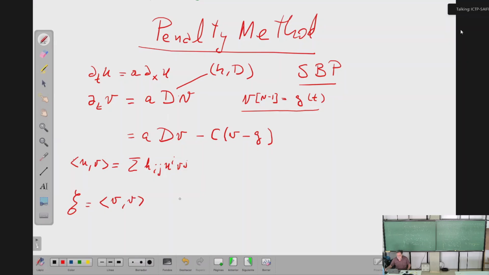I take the time derivative. And when I do that, for this part, I know what I get, right? I get a times v n minus 1 squared minus v 0 squared.